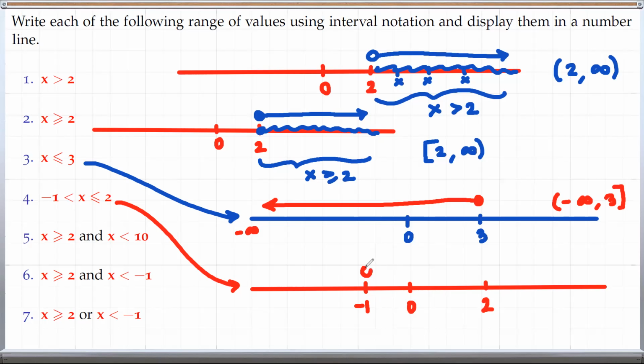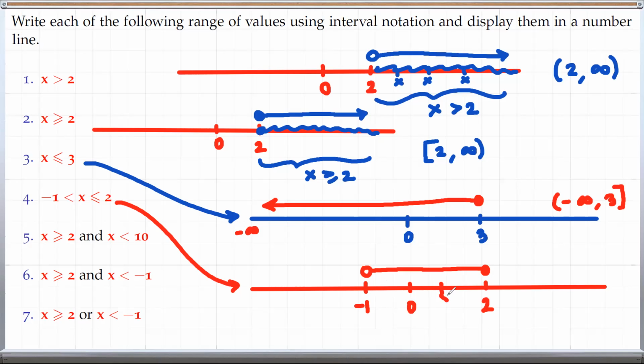So we don't include -1, so we draw a hole on top of -1. We include all these and up to 2. So we include 2 also. So we draw a solid dot over here. So this represents all the real numbers between -1 and 2, including 2.